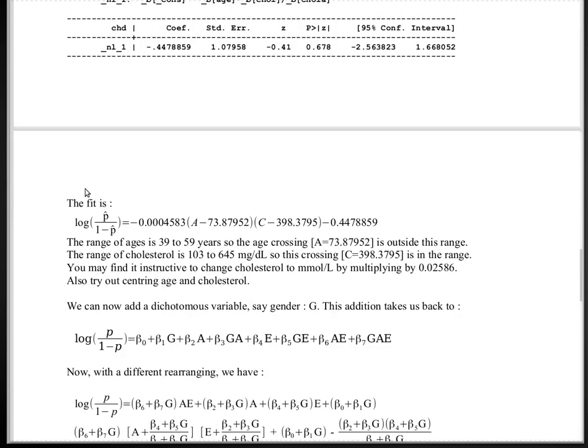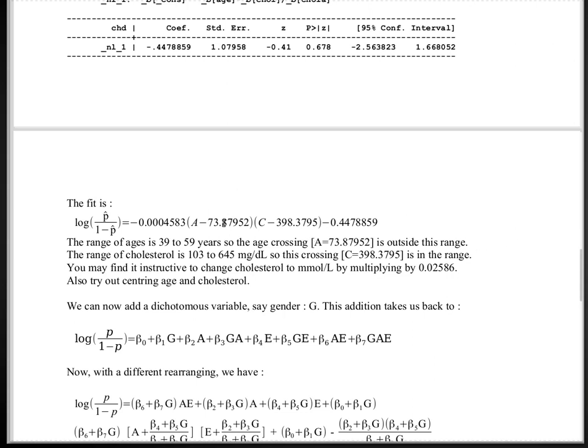So the fit ends up inevitably involving this. Here I've taken the regression coefficient, that is our B3, and here we have the two pieces that are involved here that we computed.